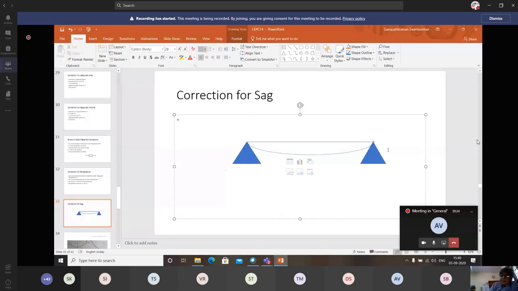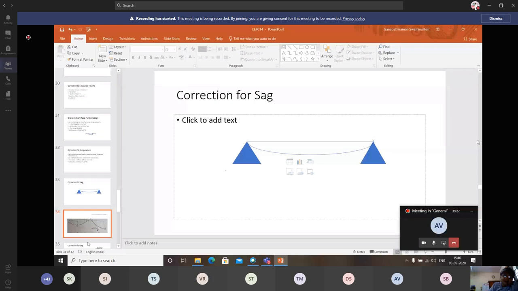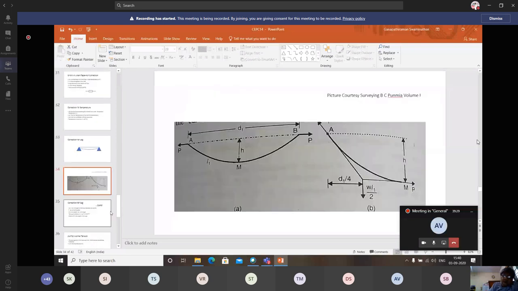Right. Now we come to this. You are exerting a pull here, and there is something called a sag h. So when the forces are resolved along this, and there is a weight acting on it, we can find out the increase in the length because of the pull and because of the sag.